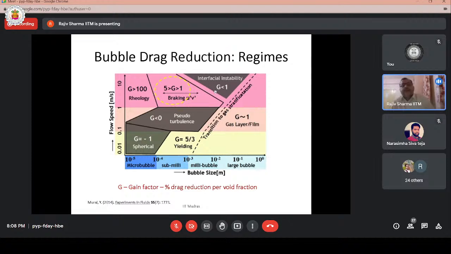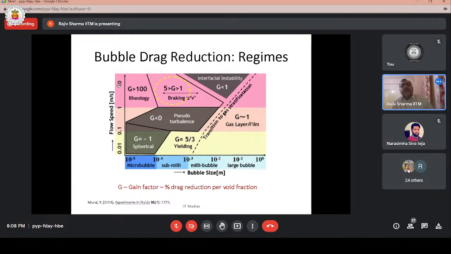Interfacial stability is here. Transition to gas stratification. Gas layer, pseudo turbulence, yielding spherical bubbles. So this is something which we can aim for. This is the flow speed against the bubble size. Roughly sub-millimeter size we are looking for, at higher speed, basically 1 to 10 meters per second.